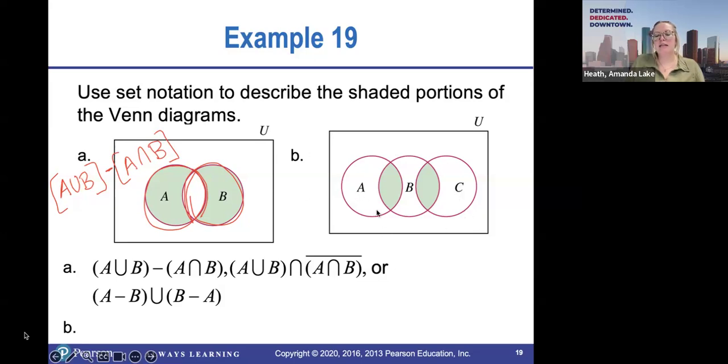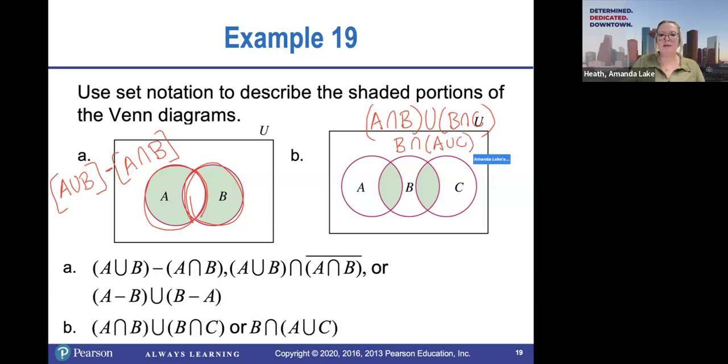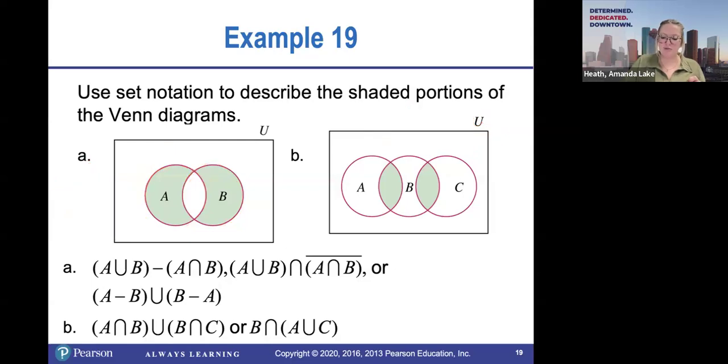If we look at the example over here on the right, we have the overlap between A and B and the overlap between B and C. So the first way I see this is A intersect B union B intersect C. Now I know from the distributive property, I could write this differently. I could say that this is B intersect A union C. That's another way. So those are a couple of ways you could write those Venn diagrams.